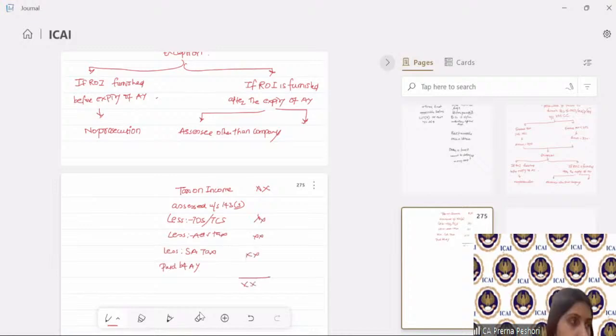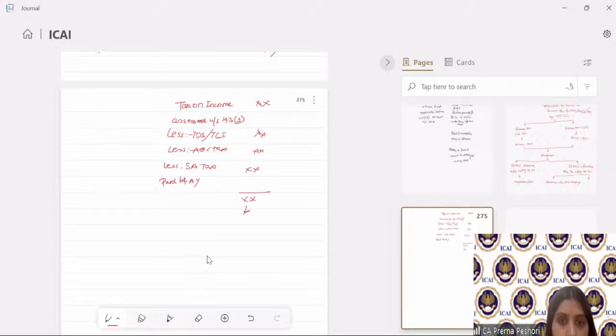So if this tax amount is less than rupees 10k, then no prosecution.